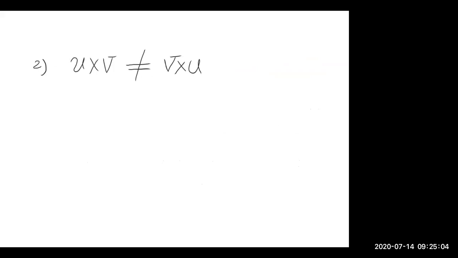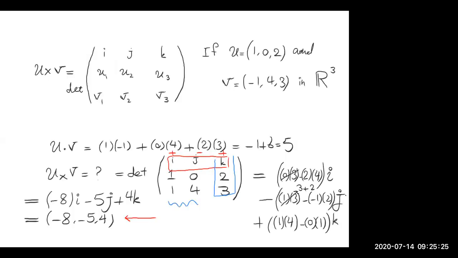The answer is that the cross product of U and V is minus the cross product of V and U. For example, in this example, we showed the cross product of U, which is 1, 0, 2, cross V, minus 1, 4, 3, is equal to minus 8, minus 5, 4, right?